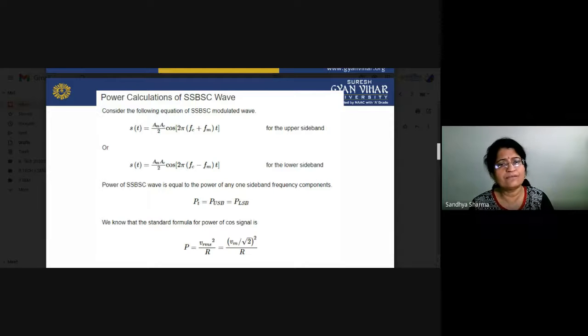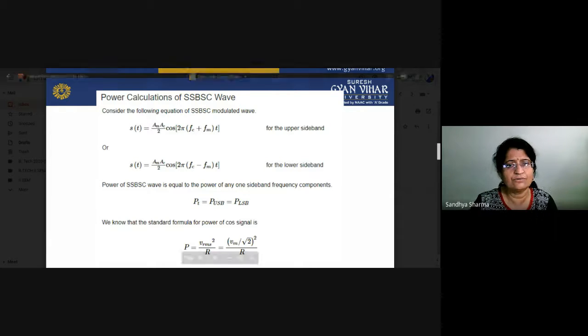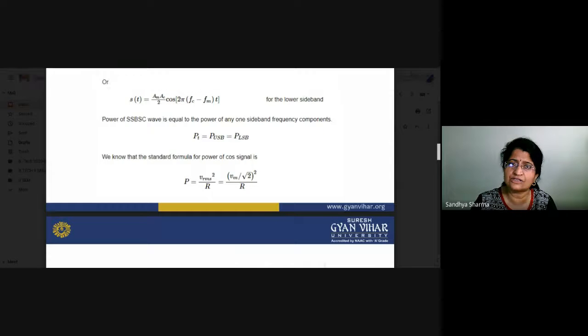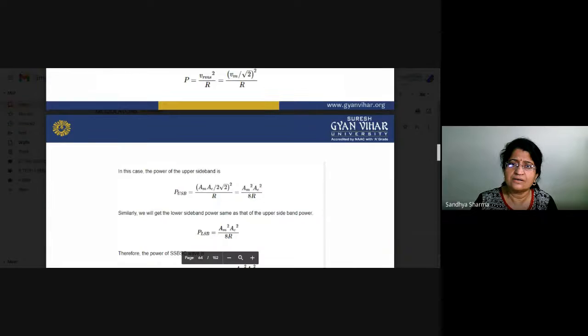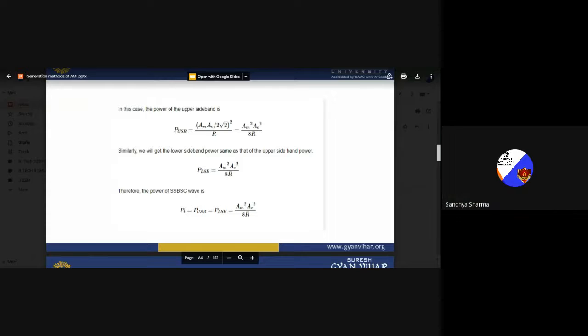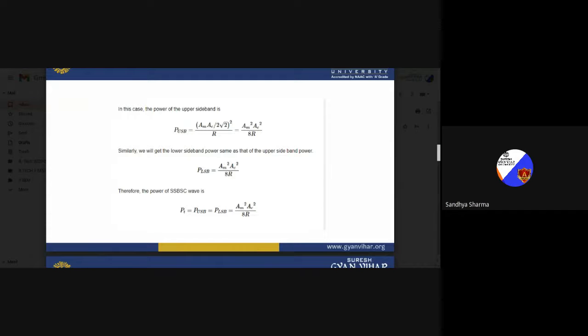What about when we want to calculate the power P? That is equal to V_RMS squared upon R, which is equal to (Vm/√2) squared. So that is the basic calculation of our power. What about the AmAc/2? It is the coefficient of the sideband, divided by √2.